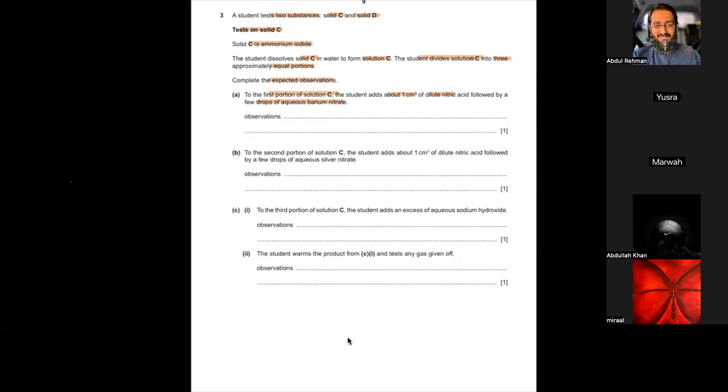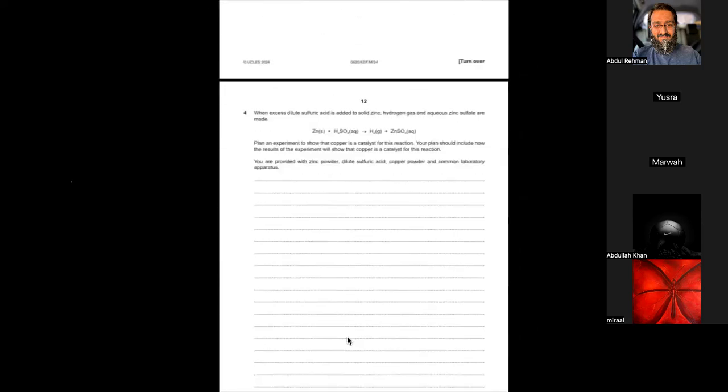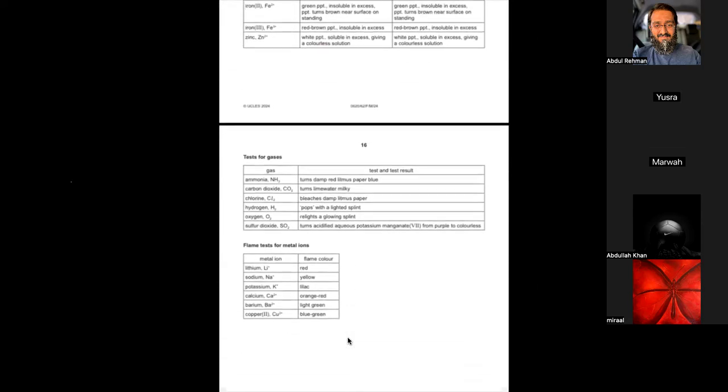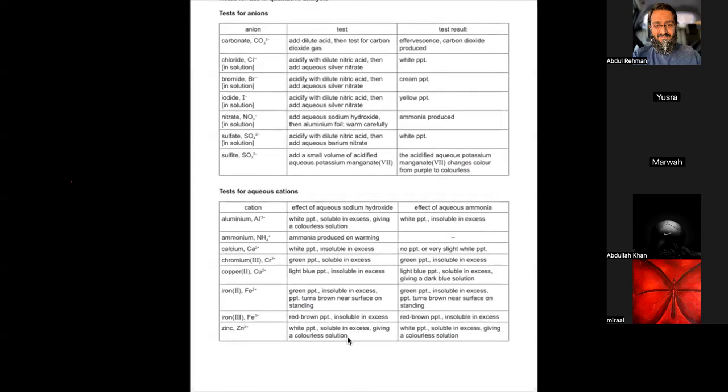What will be the observation? So what are we adding? Barium nitrate, right? And what do we have? Ammonium iodide, right? So if you look over here, we have an iodide and we have ammonium. For ammonium, we are going to use sodium hydroxide, and on warming, it will give you ammonia. For iodide, we acidify with dilute nitric acid and then add silver nitrate.